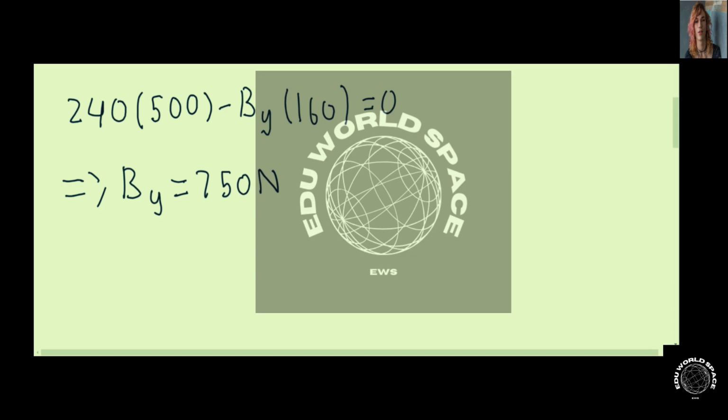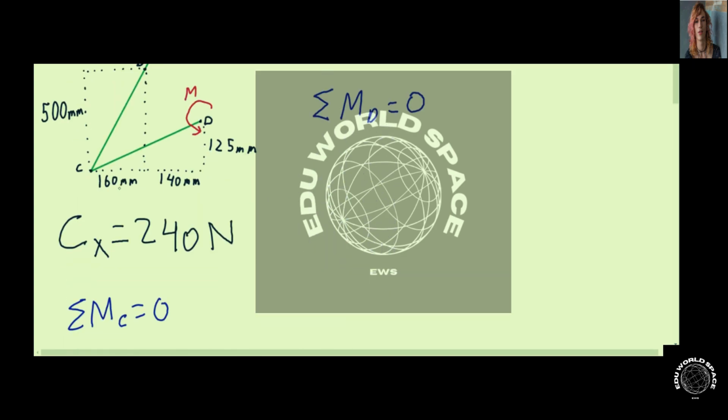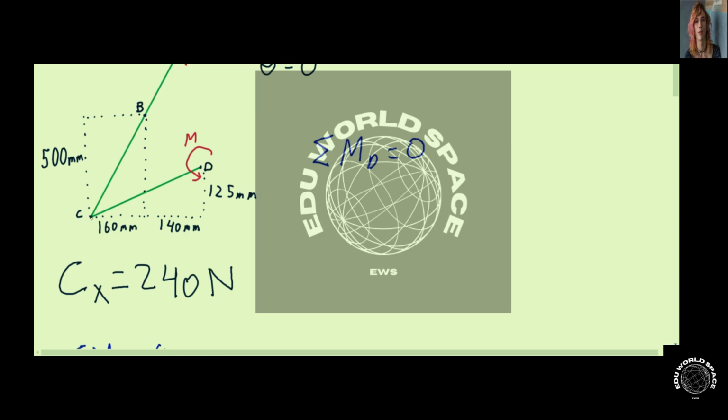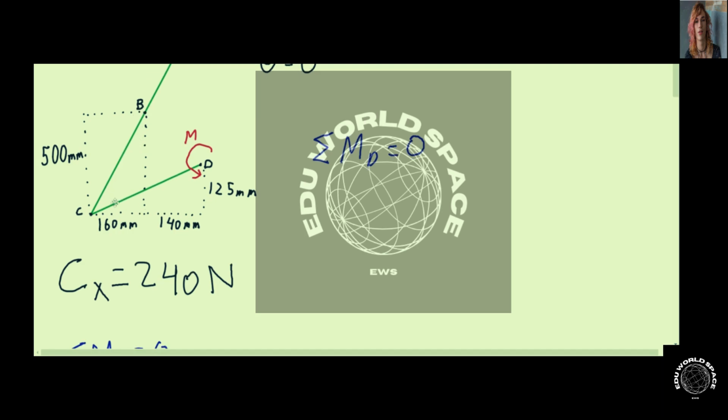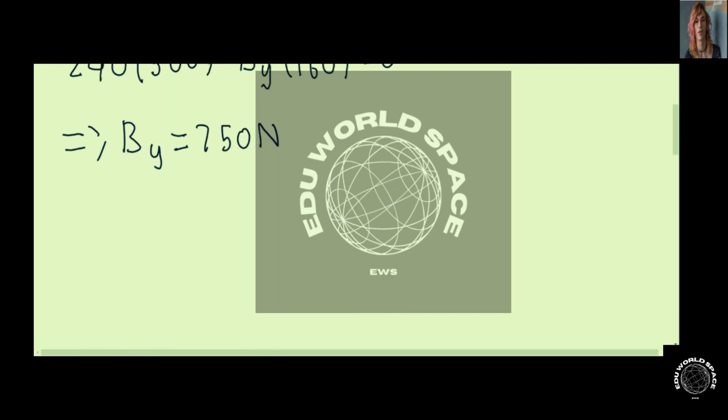And next we're going to find the y component of the force at C. So to get this value, we can just do the y component of C minus the y component at B, and that will give us our value.